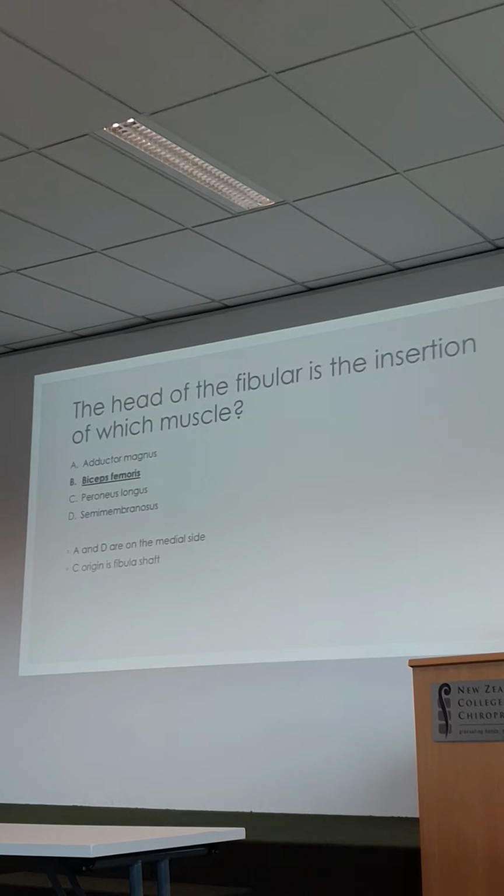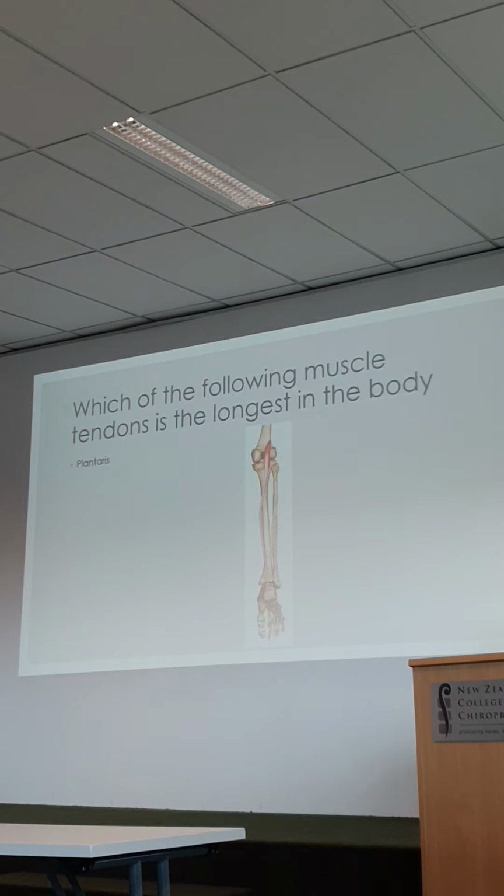So by elimination, you should have got biceps femoris without even having studied too much. So a good way, if you don't know exact origin and insertions, is by process of elimination, that should have been not too bad.